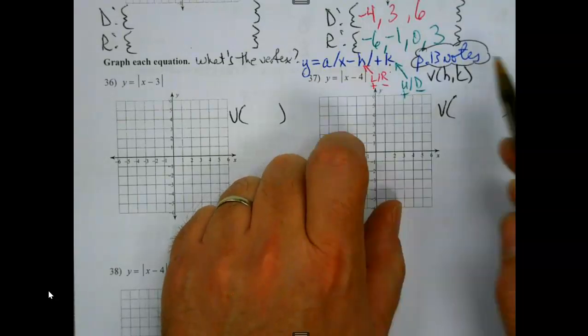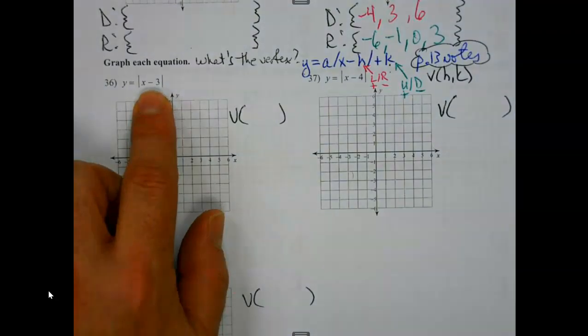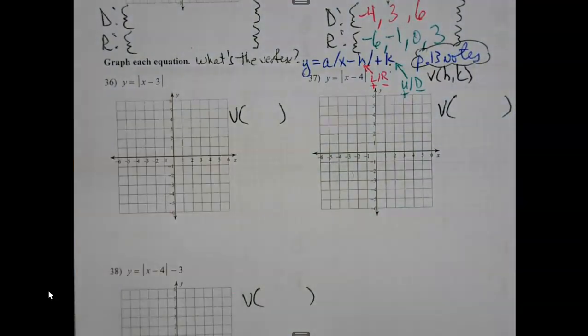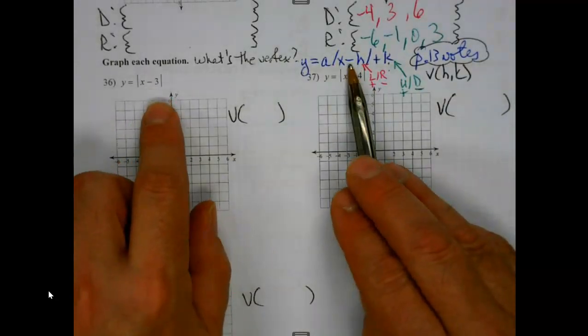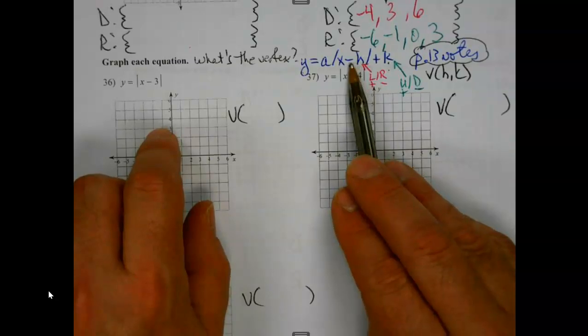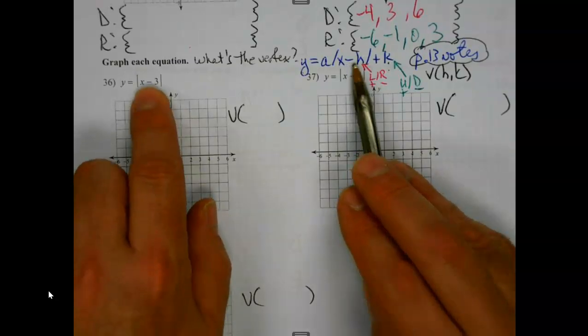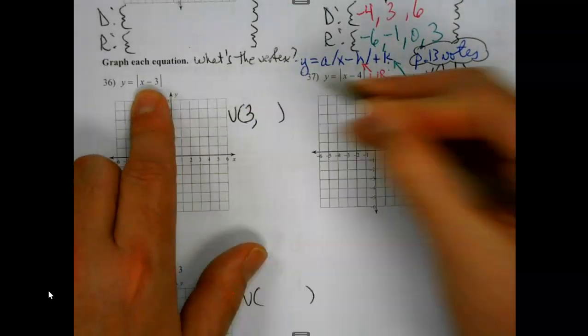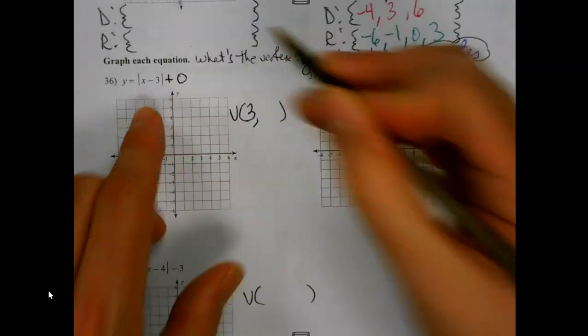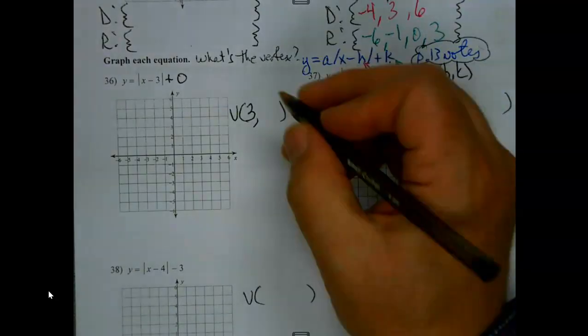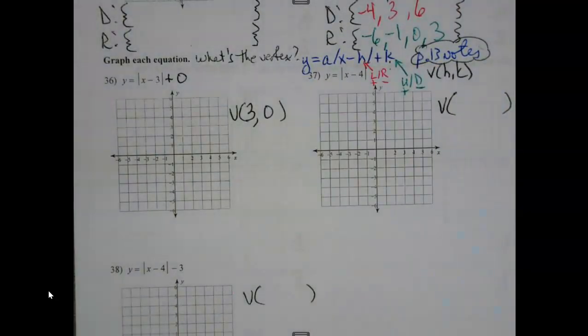And we're like, okay, so is it -3? No. +3, because this is the opposite of what h is. That's what that minus or negative is. So the opposite of -3 is +3. And if there's nothing on the outside of my absolute value, that's going to be 0.